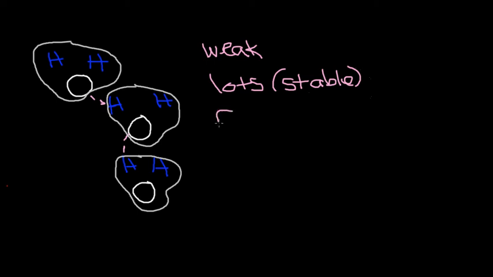They are also very flexible. They're flexible in terms of their direction as well as their length. So they can get longer and shorter, and they can also wiggle around. So that means that the water molecules themselves can be constantly moving without breaking the hydrogen bonds.